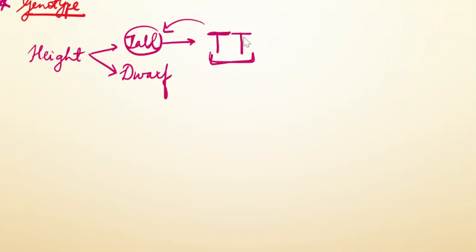So we can say that capital T is the allele for tallness. If I want to denote dwarfness, we will denote this as small t. This is denoted as capital T and this is denoted as small t.